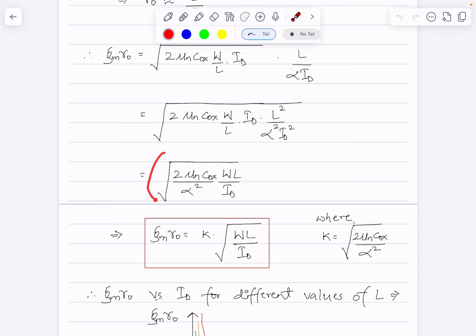If I write all of the constants as K, then gm·ro is basically K times the square root of W over L over ID. Alright, so this is the expression for gm·ro in terms of ID and W over L.